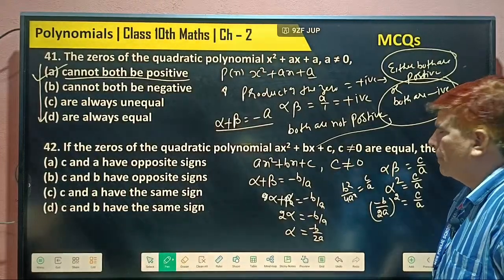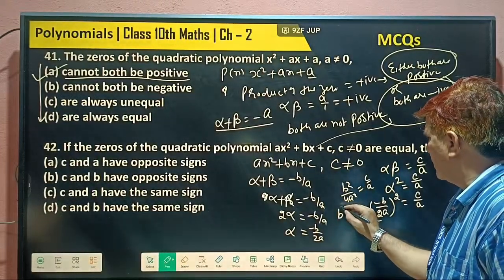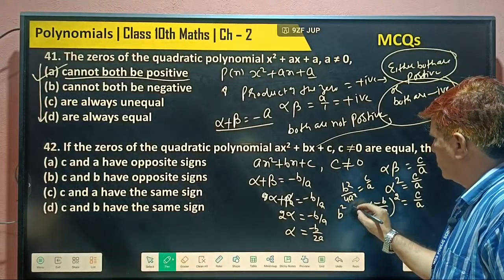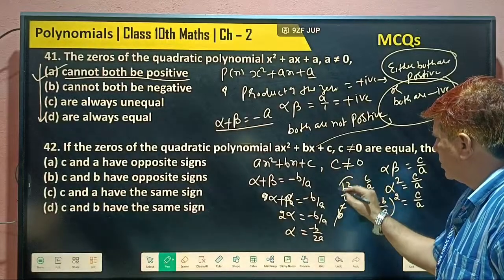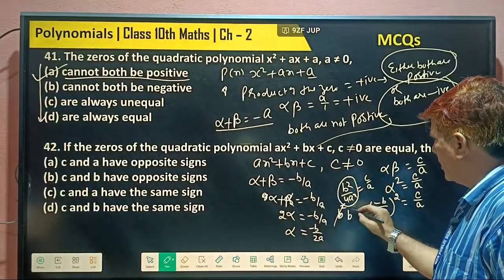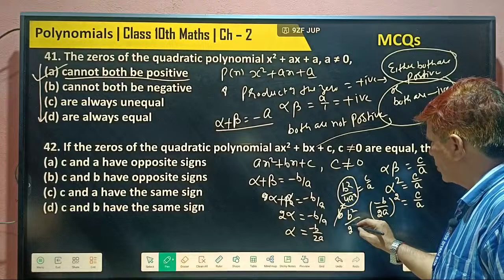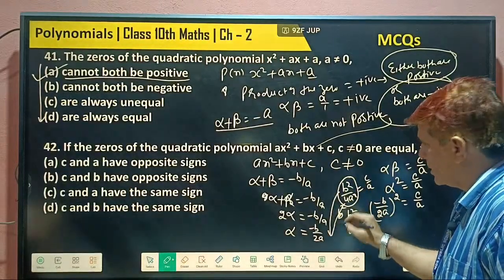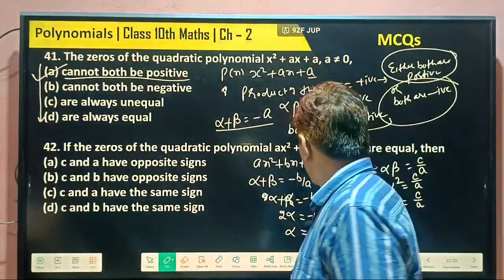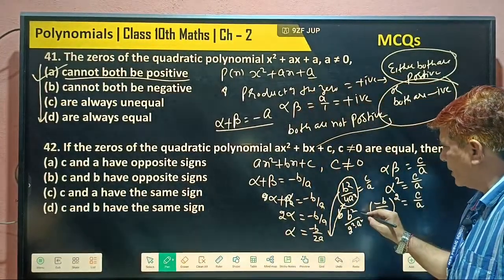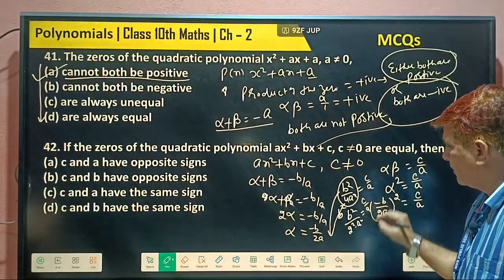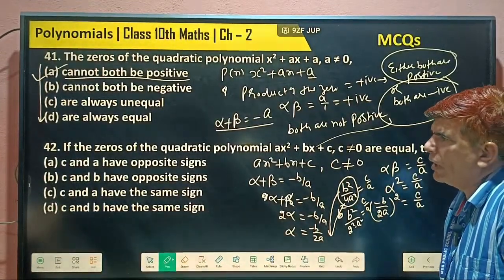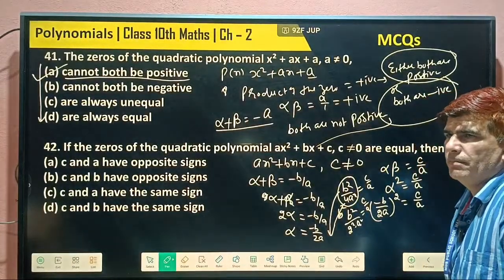So b square is equal to, so what's the relationship? This is b square, and we can write 2 square into a square. The right hand side quantity has the same sign, so c and a also have the same sign.